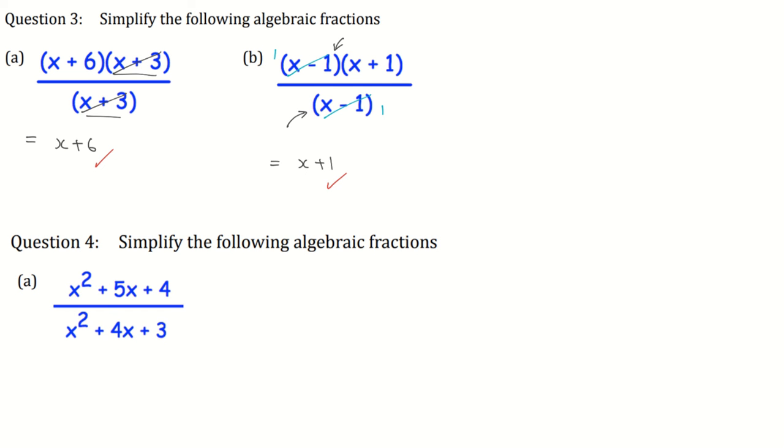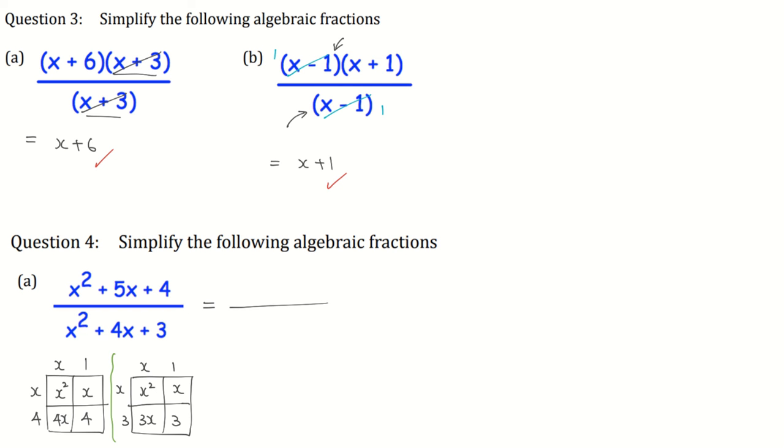But what I can do is factorize out the top and the bottom. And how do we factorize? Box method. I shall not repeat what the box method is. You may want to check out my other videos, but I will just show you how I'm going to write the brackets after I factorize them. So remember, when we do the box method, we have bracket times bracket, and then we fill out what's in the bracket. So I filled out what's in the bracket, and after this, I can start simplifying because there's bracket times bracket.